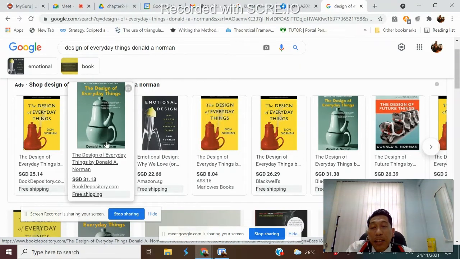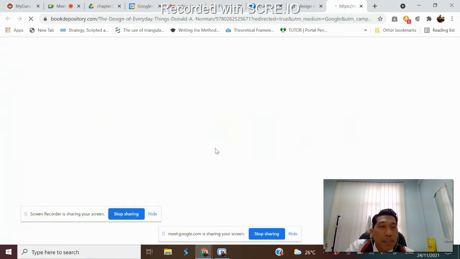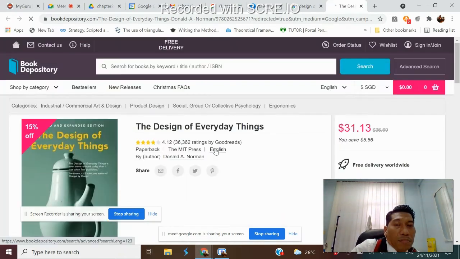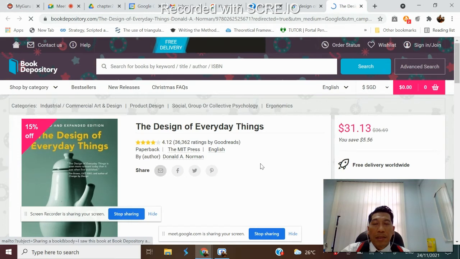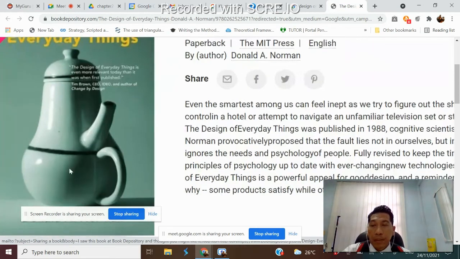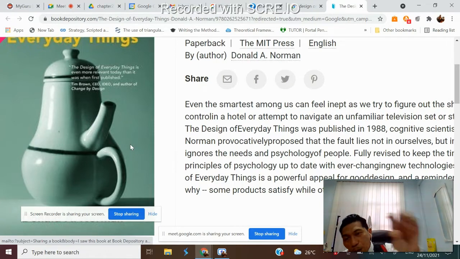Imagine this kettle. It looks very beautiful. I'm going to zoom in on the image of the kettle. It looks very artistic, very beautiful. But how does it function when you pour water inside, when you try to pour it into a coffee cup?